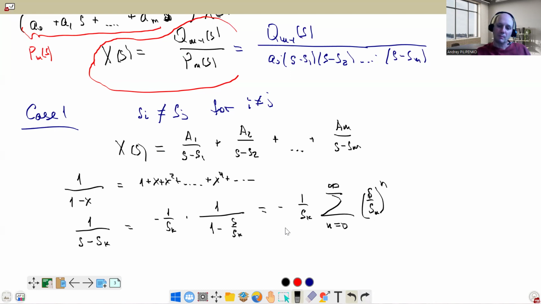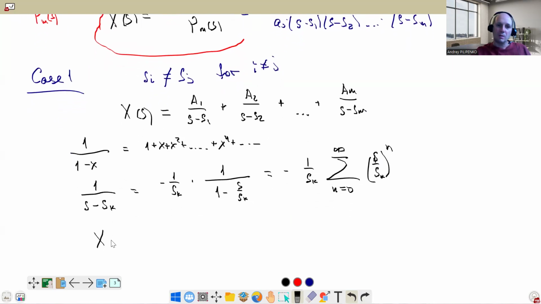So x of s is equal to the sum over k from 1 to m of ai times minus 1 over sk, so certain coefficients bk, times s over sk to the power n.